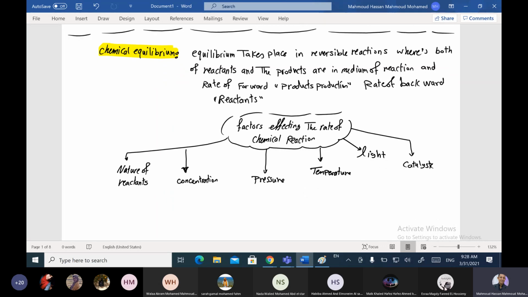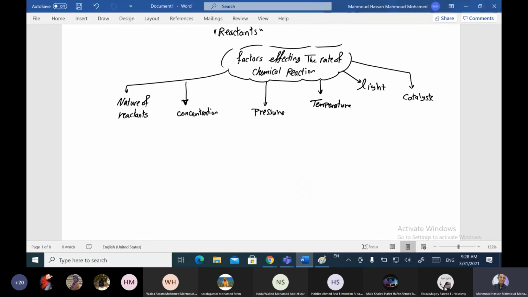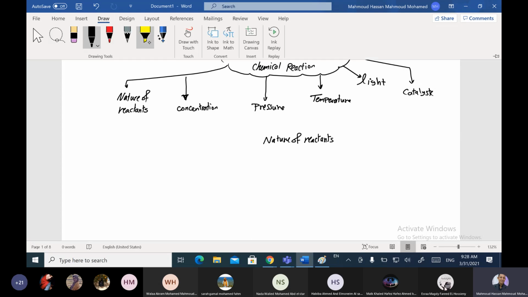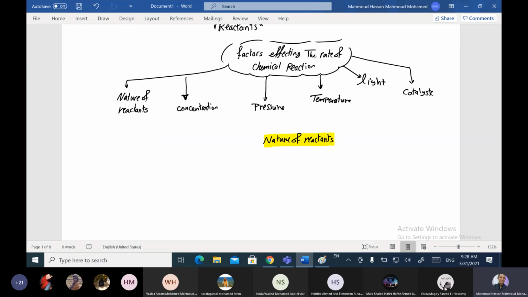Let's turn back to discuss each factor affecting the speed of the chemical reaction, starting with the nature of the reactant. The nature of the reactants can be discussed through the type of bond and the surface area.